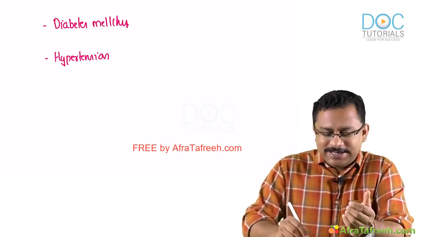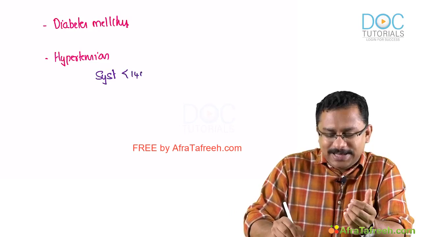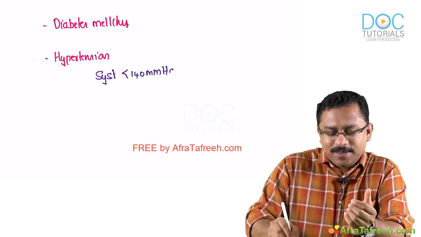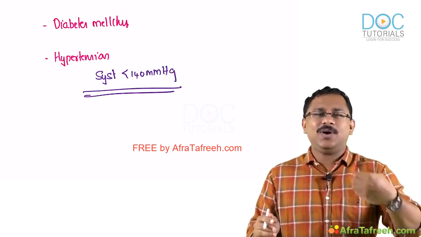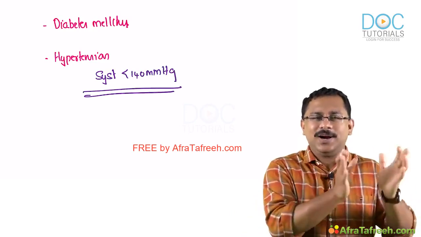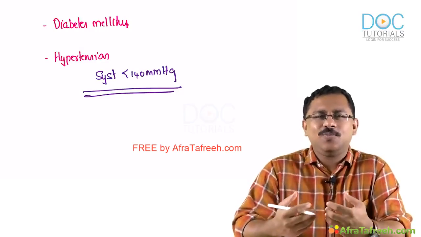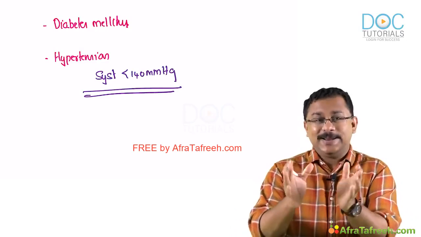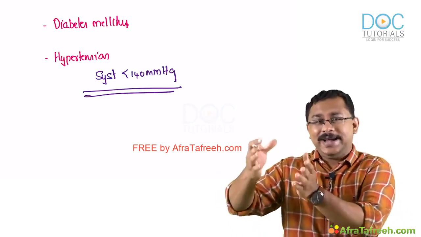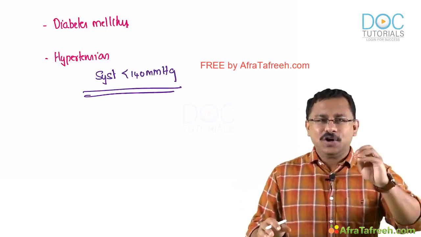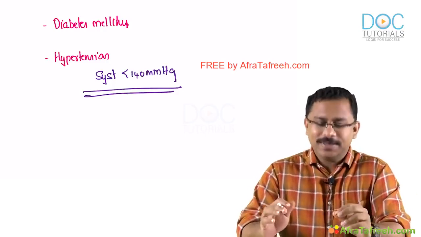Many of them say that you have got to keep the systolic BP less than 140 millimeter mercury, and some guidelines say you can bring it down to 120. There are different guidelines, but I don't think you have got to mug up all those, because certain aspects of cardiovascular system guidelines are very important where you have got to know the exact values, but this one is not imperative.